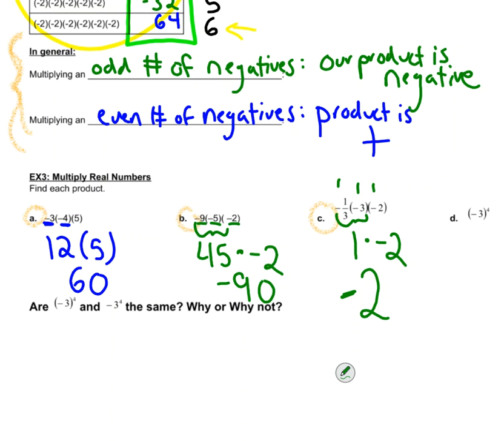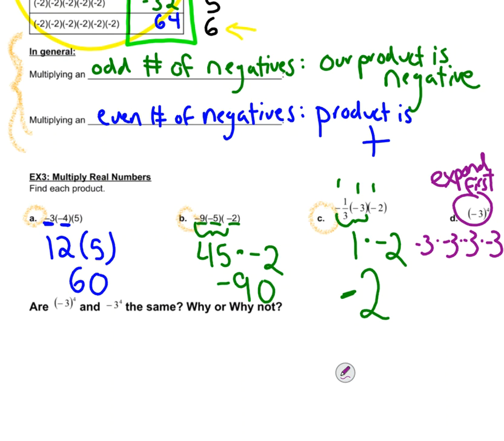Last one, D. Oh, this is a funny one. If you plug this into your calculator, you might get the wrong answer depending on how you plugged it in. So let's try expanding this first. You might not typically know to do this, but I'm telling you for now. Negative 3 to the 4th power, so exponents are the same as multiplying that many times. So that's negative 3 times negative 3 times negative 3 times negative 3.